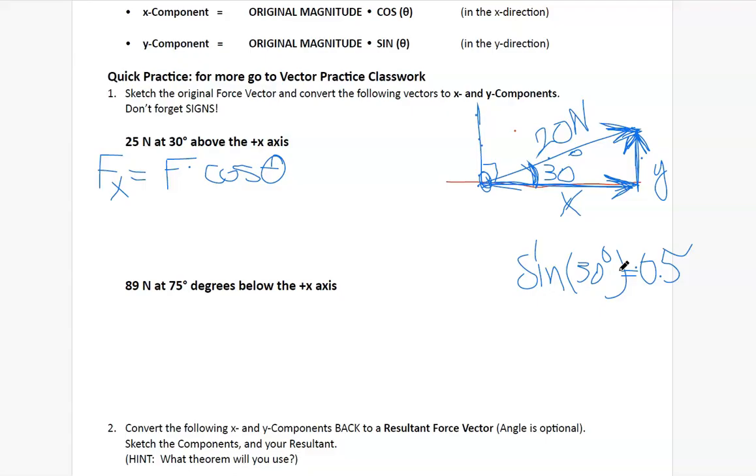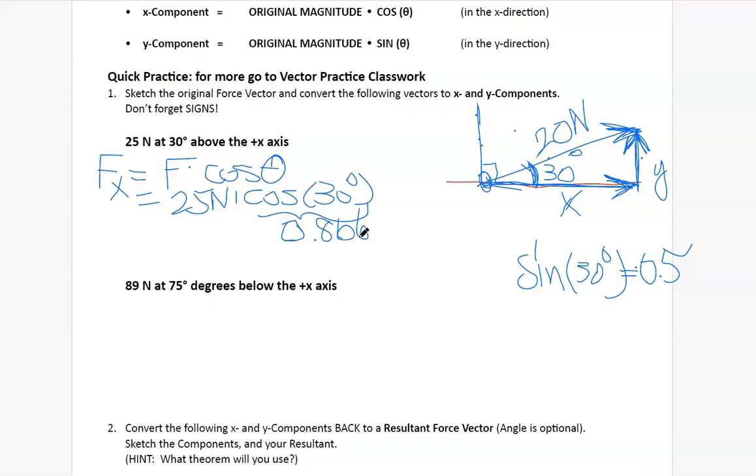Okay, so we're going to plug in our original force, which is 25 newtons, and we're going to multiply it by the cosine of 30 degrees, which works out to about 0.866. It goes on an infinite number of digits, so let the calculator do the work for you. Don't round the number.